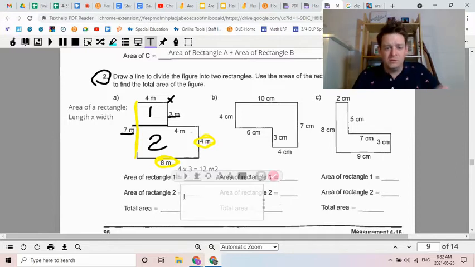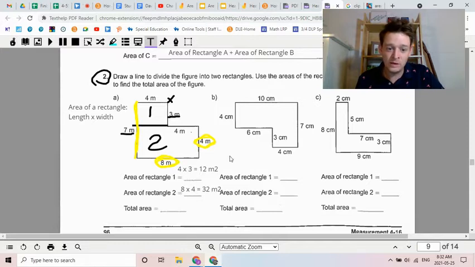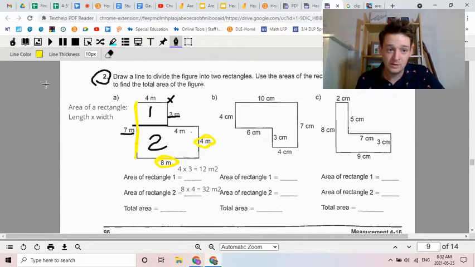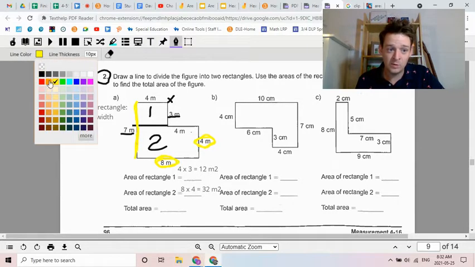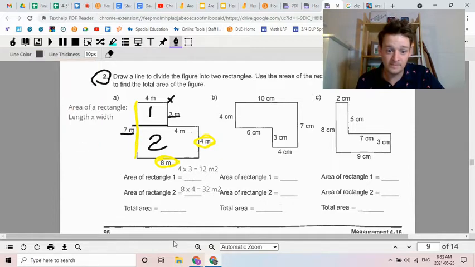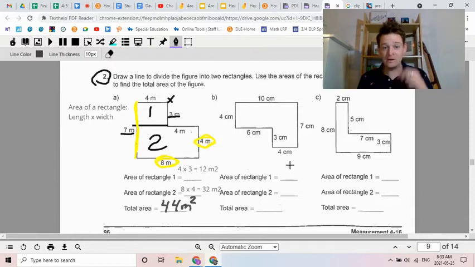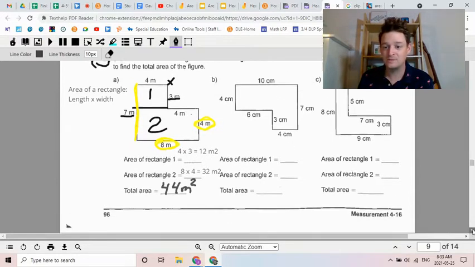And the area of rectangle 2 is going to be 8 times 4, which equals 32 meters squared. And then to figure out the total area, I'm going to add up 32 plus 12 to give me an answer of 44, I think. Yep. 44 meters squared. All right, try that out on the other two questions on this page.